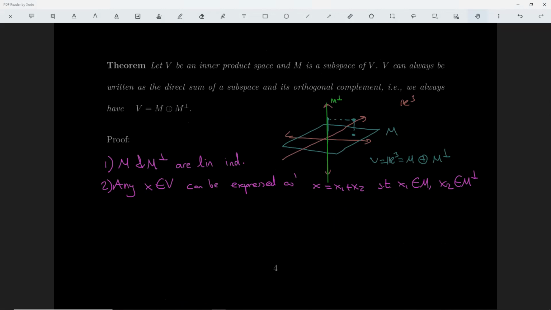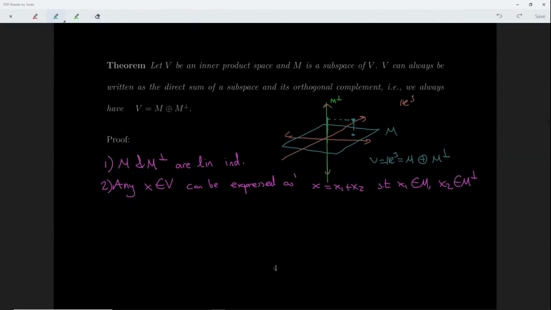We were trying to prove one theorem, which states that if V is a vector space, and if M is a subspace within that vector space, the vector space V can be decomposed into M and its orthogonal complement. So every vector space can be written as a direct sum of its subspace and its orthogonal complement.